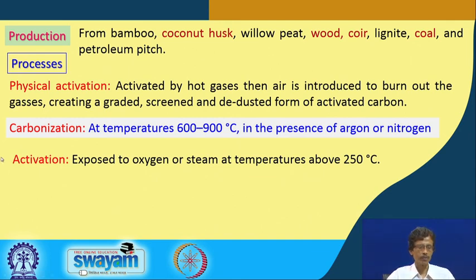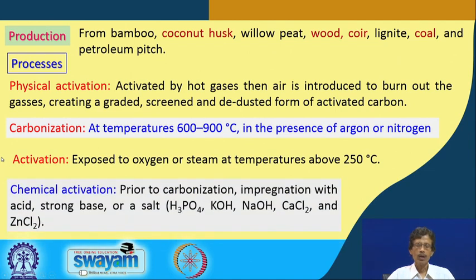This is the activation procedure for your preparation. Then sometimes we need chemical treatment, otherwise the purity is not very high, it is not highly activated, because the level of activation can have a different parameter. So, if the level of activation is less, we have to go for chemical activation.